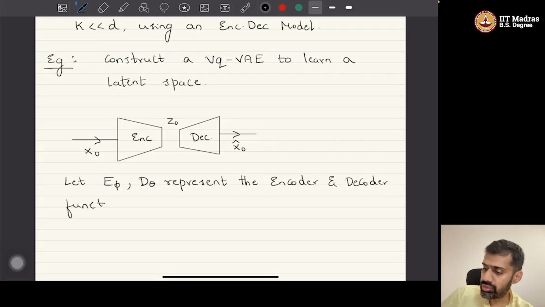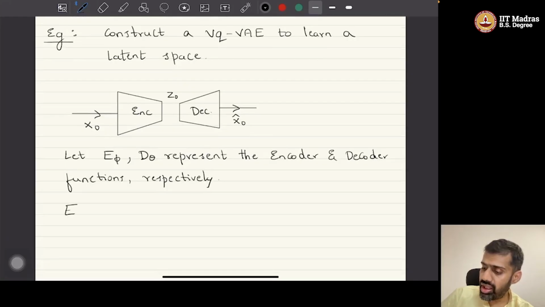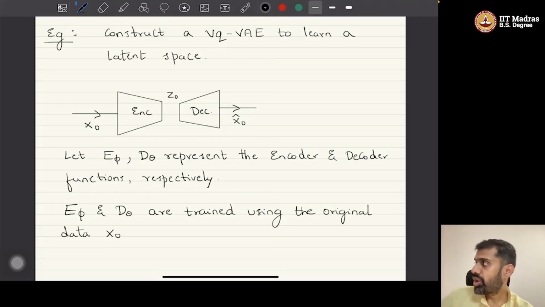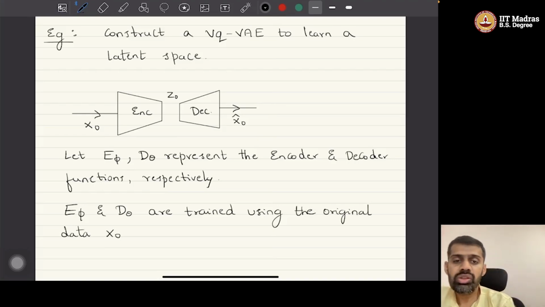We train E phi and D theta using the original data x naught, or sometimes it can even be trained using some other data set that is similar to x naught.